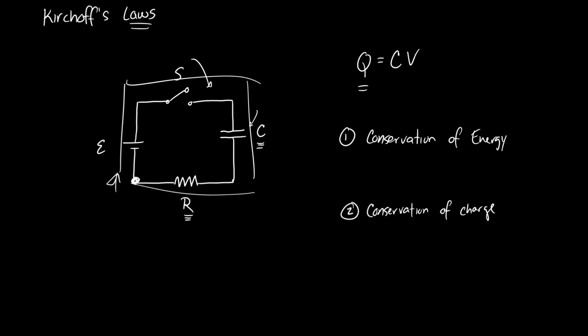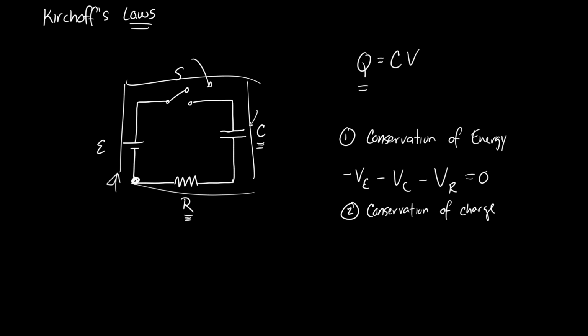So there's the voltage drop across the EMF minus the voltage drop across the capacitor minus the voltage drop across the resistor. They all sum to give you 0. We don't include the switch. There's no voltage drops across switches. That's all the rule says. And no matter how complicated your circuit is, every single loop in any circuit must obey this principle.